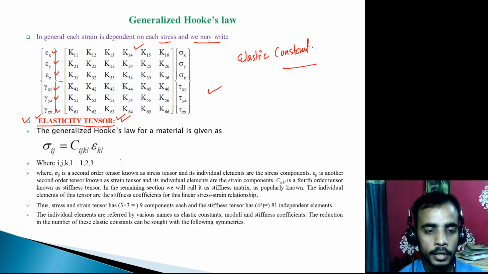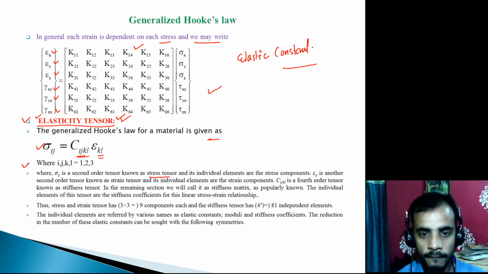Elasticity tensor. The generalized Hooke's law for a material is given as sigma ij equals Cijkl epsilon kl, where i, j, k, l equal 1, 2, 3. Here sigma ij is the second order tensor known as the stress tensor, and its individual elements are the stress components, and epsilon ij is another second order tensor known as the strain tensor, and its individual elements are the strain components.